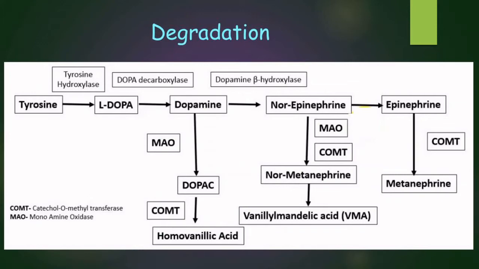The monoamine oxidases convert dopamine to DOPAC and norepinephrine to normetanephrine, and COMT also acts to convert epinephrine to metanephrine. And the DOPAC is finally converted to homovanillic acid, whereas the normetanephrine is converted to vanillyl mandelic acid.